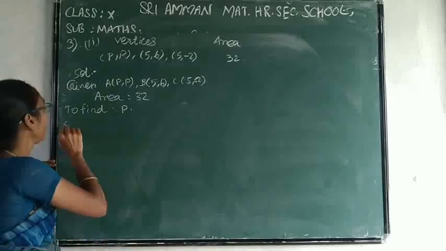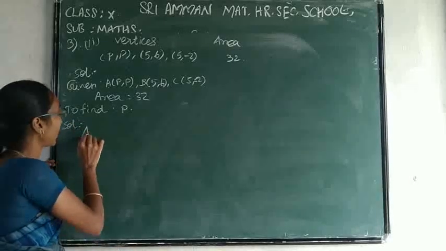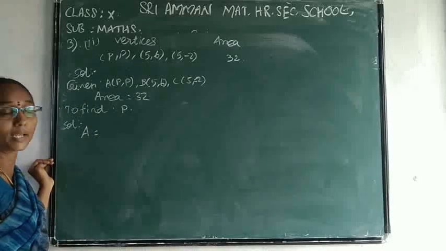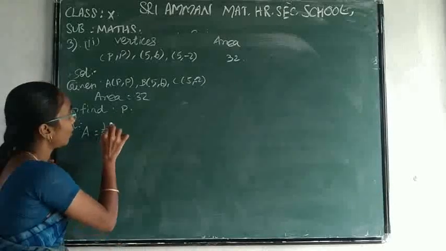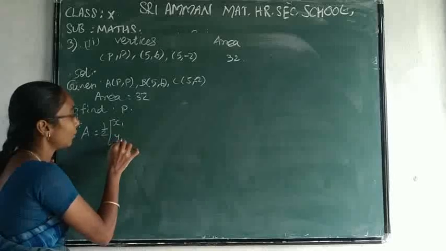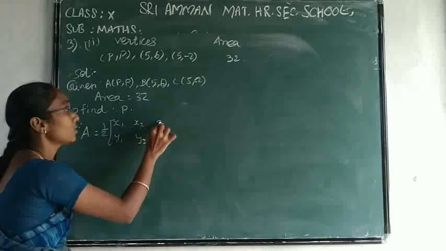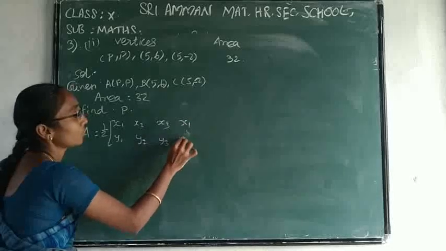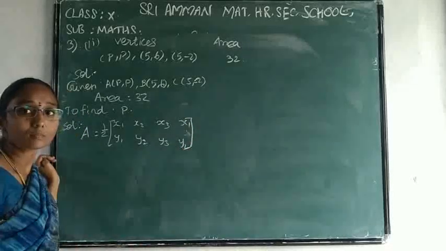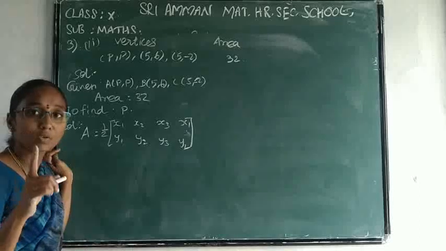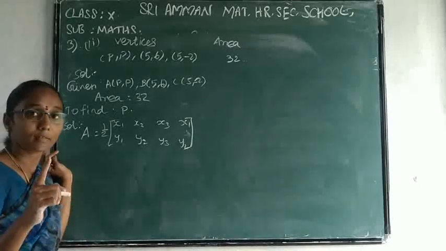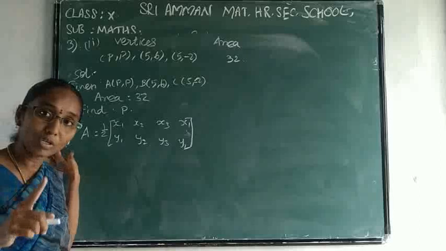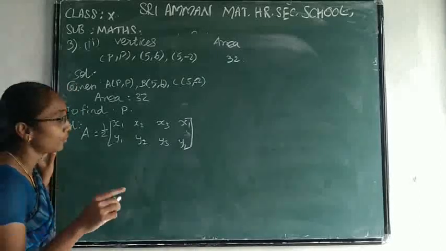Solution. Write the formula first of all. Area of a triangle A equal to half into the determinant x1, y1, x2, y2, x3, y3 and then again x1, y1. Listen carefully students. I teach slowly.